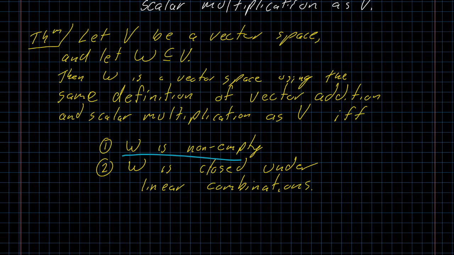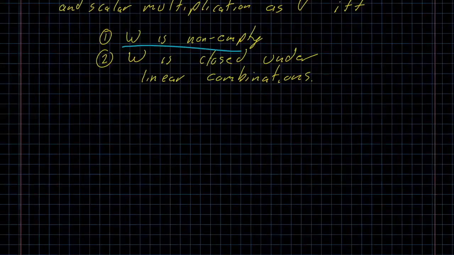When we looked at this before, the theorem specifically said that the zero vector had to be in W. And in practice, that's usually the way we deal with it. Usually, finding the zero vector is the easiest thing to find. And if we can show that the zero vector is in our set, then we're good to go. But technically speaking, you can actually do this with any vector. It doesn't have to be the zero vector because of the property of closed under linear combinations.